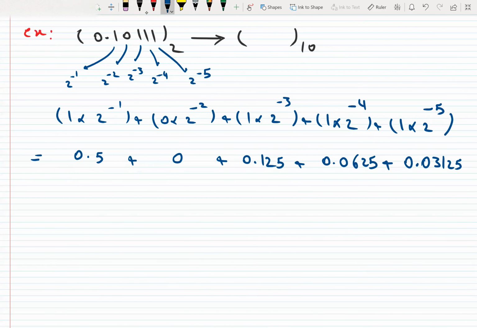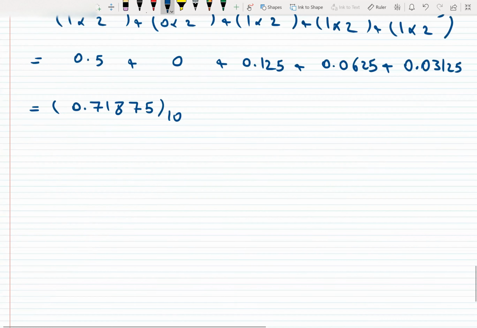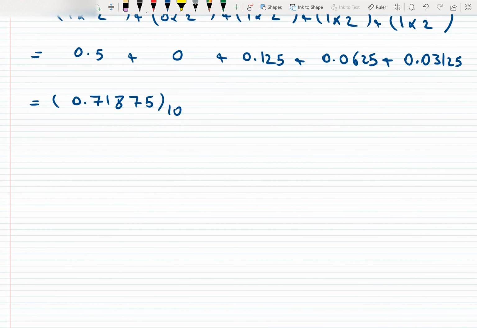If we add these numbers, the final answer will be 0.71875 base 10. Okay.